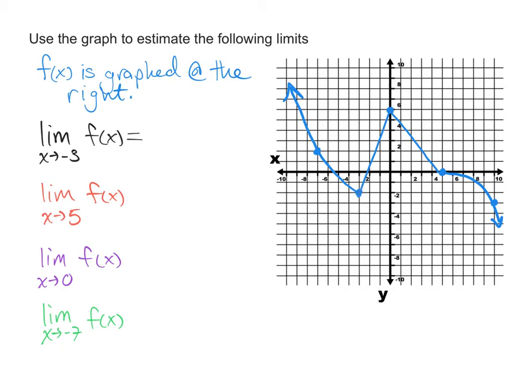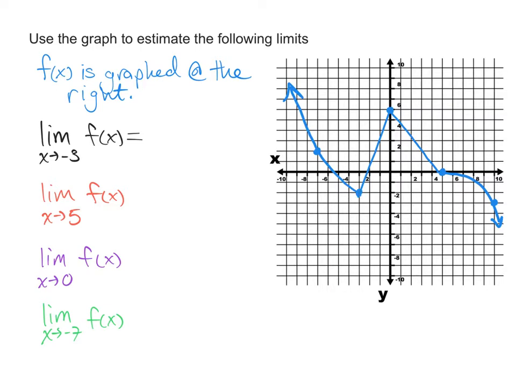So at this point on the graph, and when I refer to the graph, I mean the actual function, not the grid itself. So on the graph, as we approach negative 3, that means something like this.